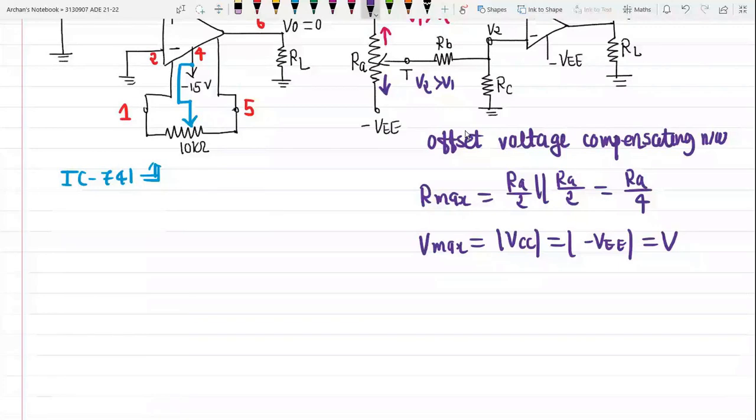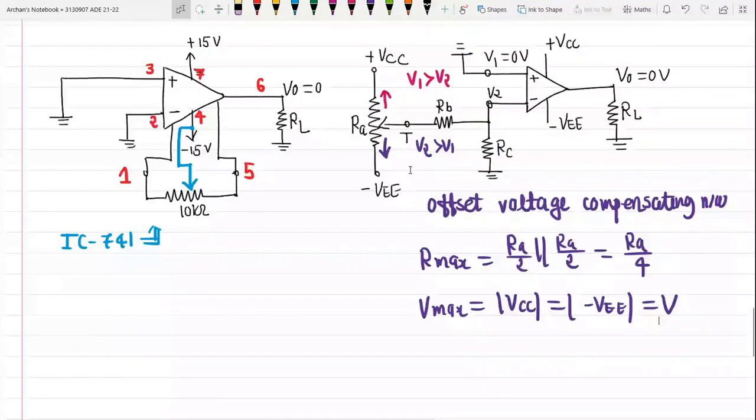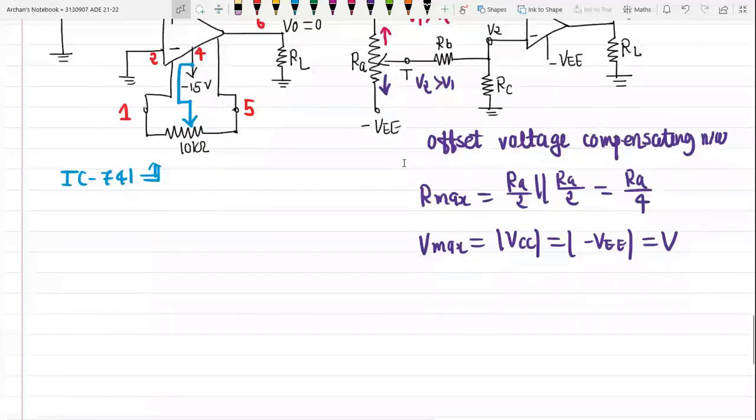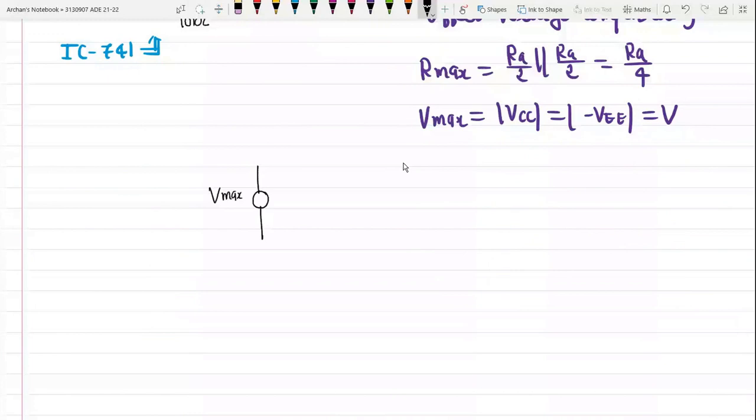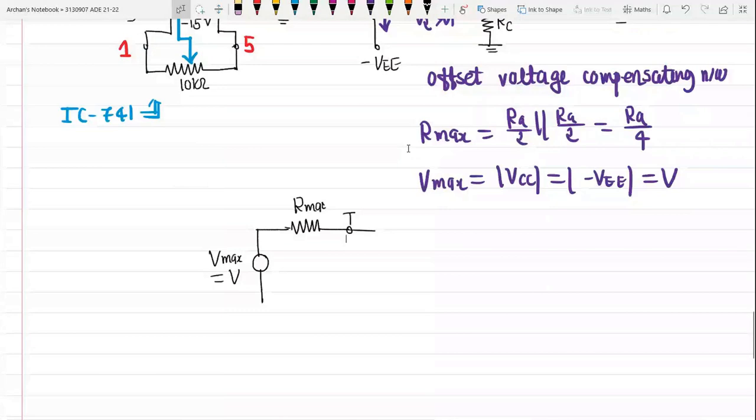Now let us try to draw this network as per Thevenin's network. We will have one voltage source which will provide us the maximum value of voltage V max, generally equal to V. Then we have the maximum amount of resistance, R max, and this is my point T. After T, we have resistance RB and RC.